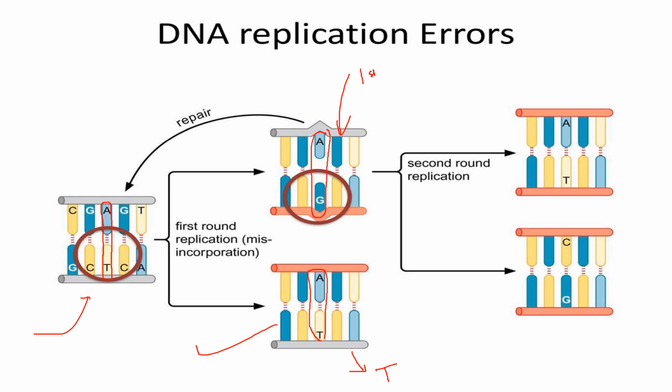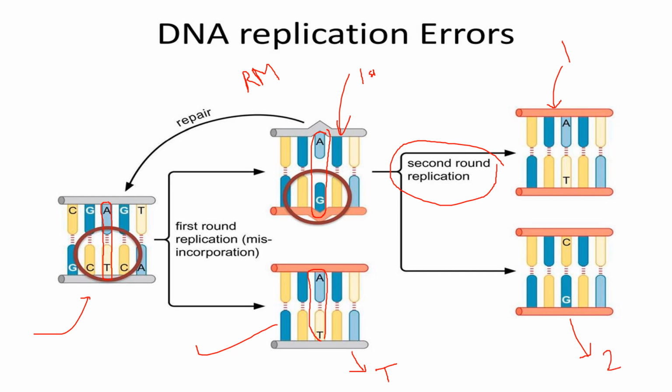If the damage is repaired by the repair machinery, there will be no problem. But if the damage is not repaired, you can see here in the second round of replication, and you know that these two strands get separated. This is one parental strand and this is the other parental strand.